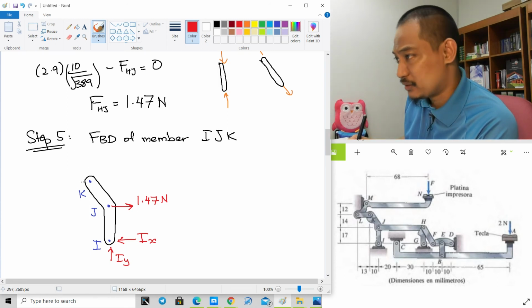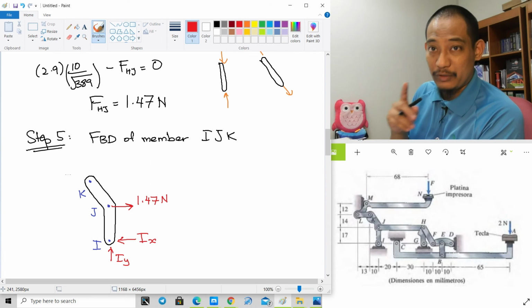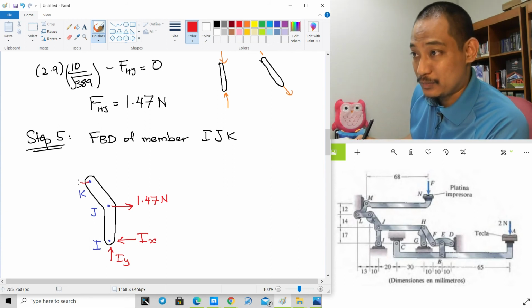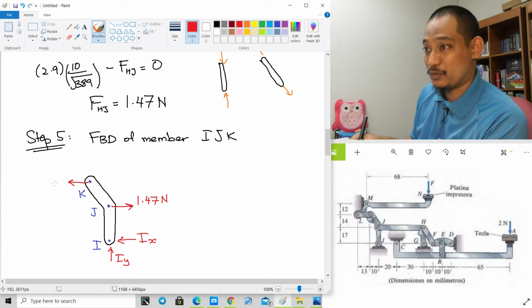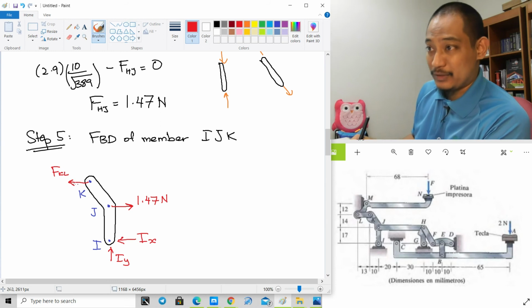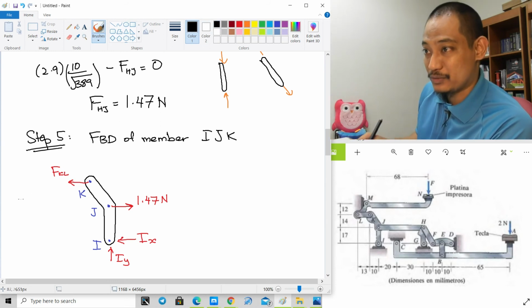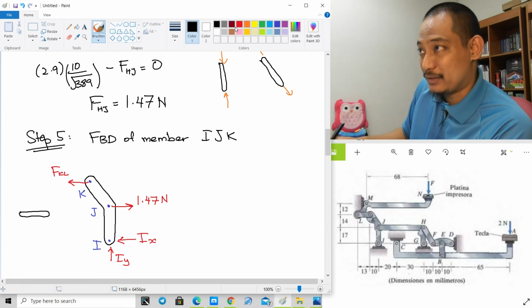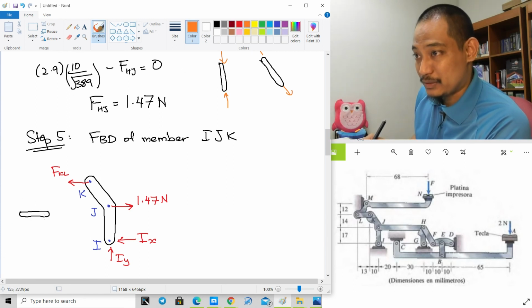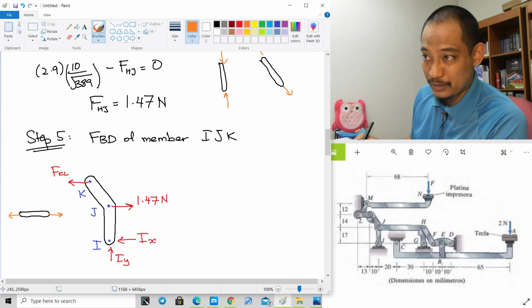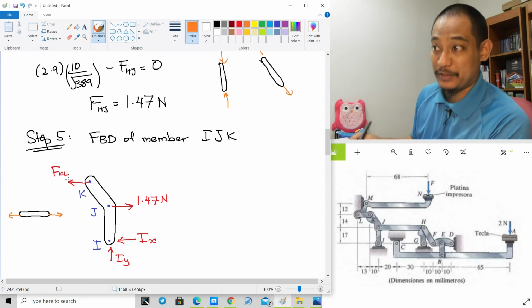At KL, because we already identified KL as a two-force member, we can just assume it is under tension, so FKL is something like this, and the corresponding FKL is in this direction.